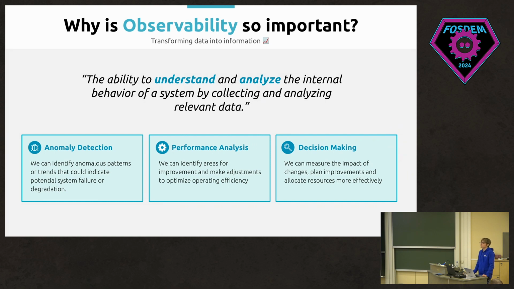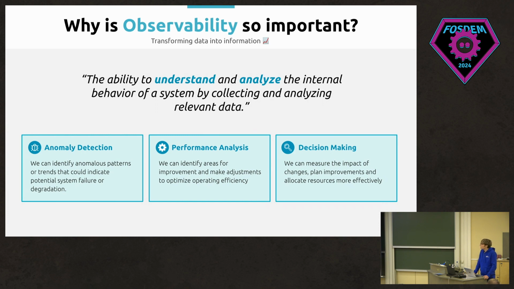But in other words, it's just the ability to transform data into information that could be useful for us. We can have a lot of system logs or data or numbers, but if we don't provide a meaning to them, it's useless.